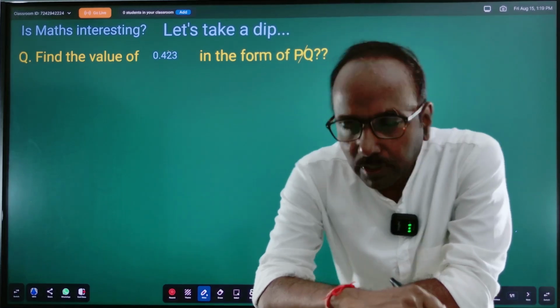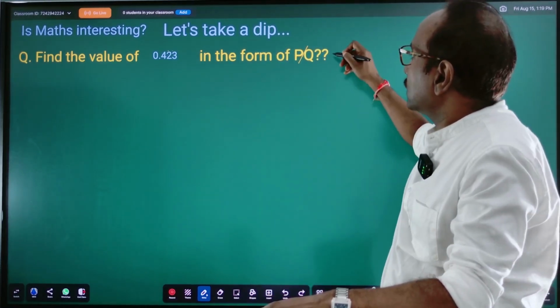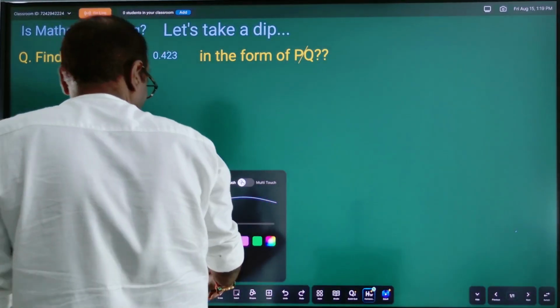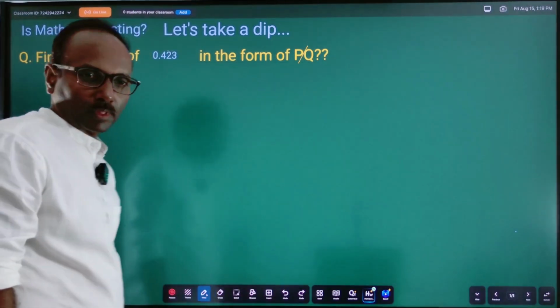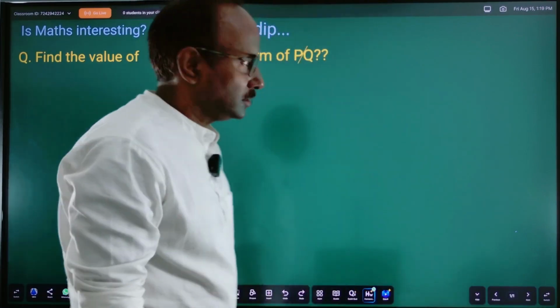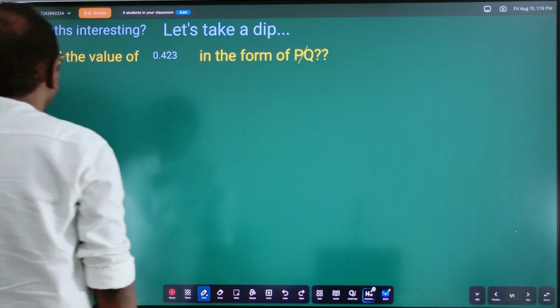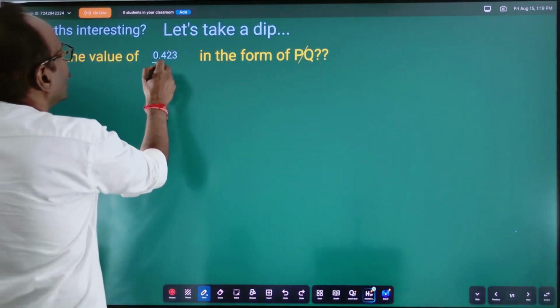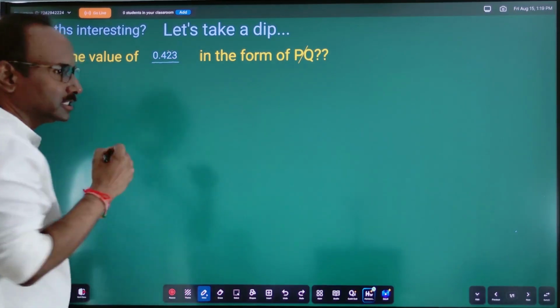Let us look into this problem of mathematics and see how to solve it. Find the value of 0.423 where 23 is recurring.